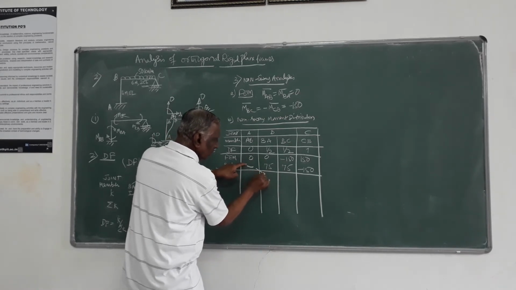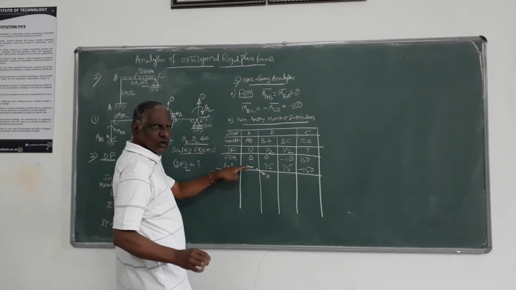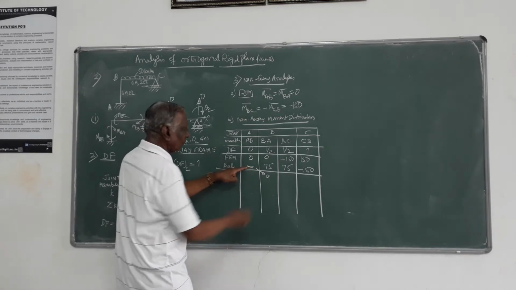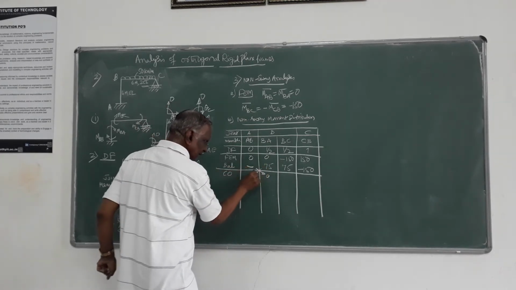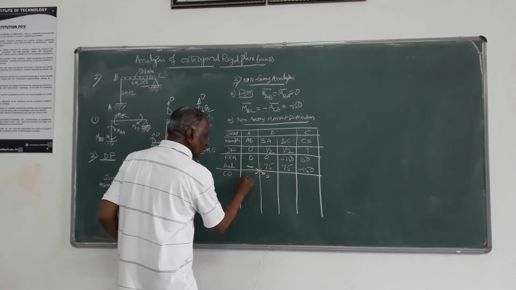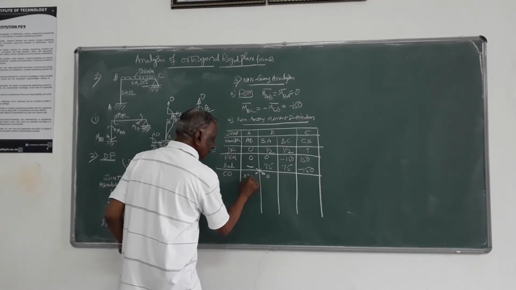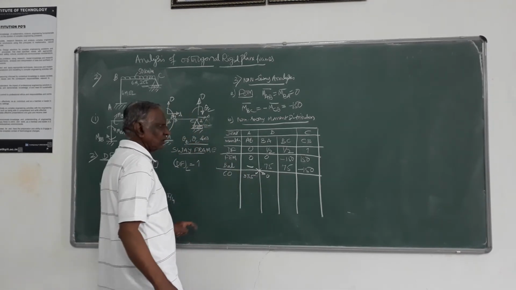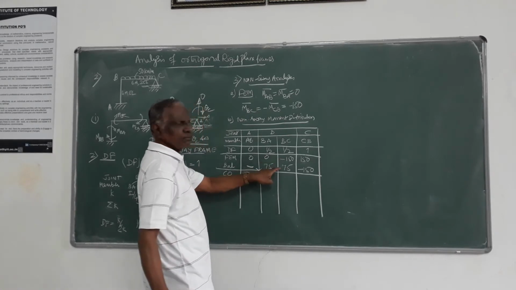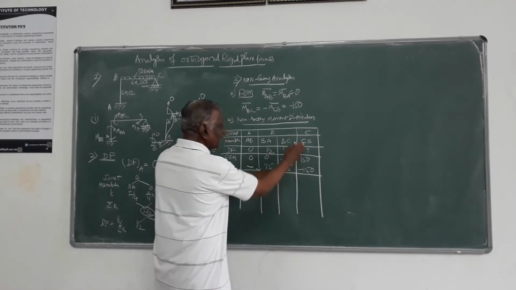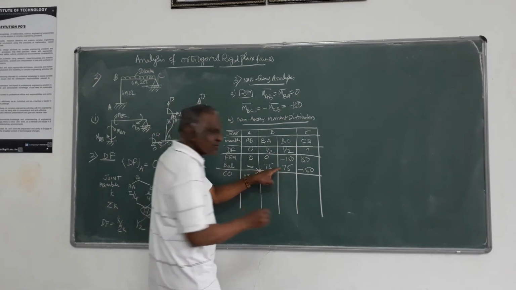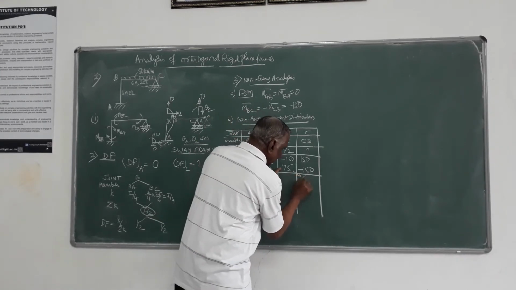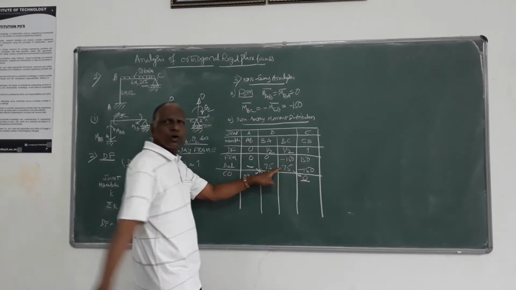It is 0 balance, half that value 0. Then BA to AB, half this value, that is 37.5. Next BC to CB is roller, so there should not be any carryover to that roller end.